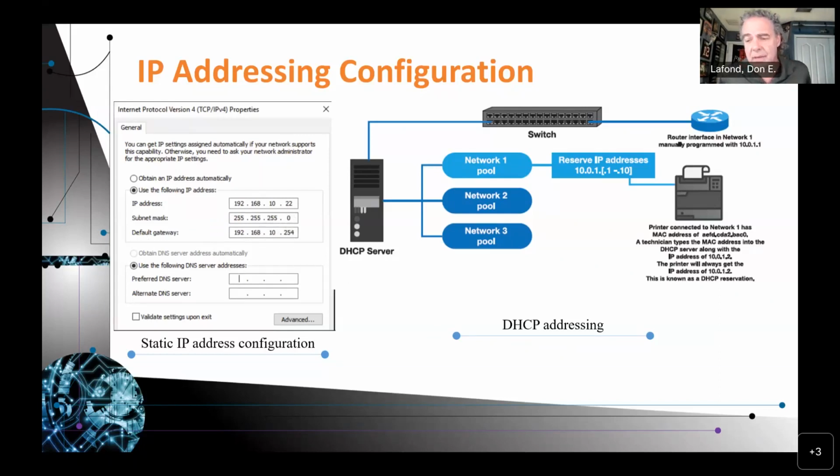If you're setting up a VLAN, you have to use a router on a stick, beyond the scope of this class, but it's where one interface can be divided into multiple networks using the same interface, and you do that using sub interfaces. Again, beyond the scope of this class, you'll get that when you get to your networking class.